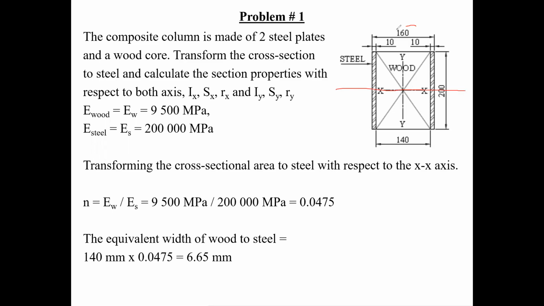So this is the dimension that is parallel to the axis, and therefore the wood will shrink down to a width of 6.65 millimeters.